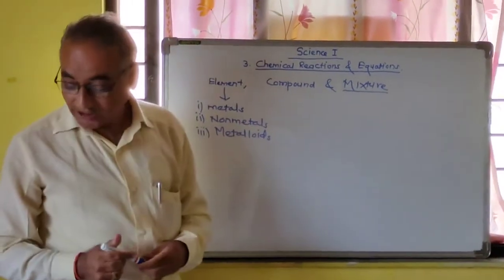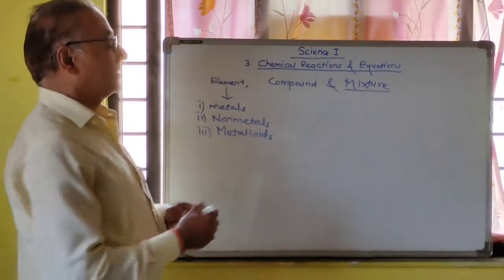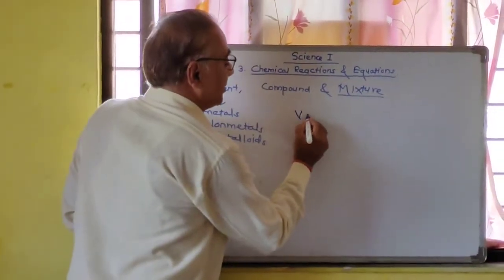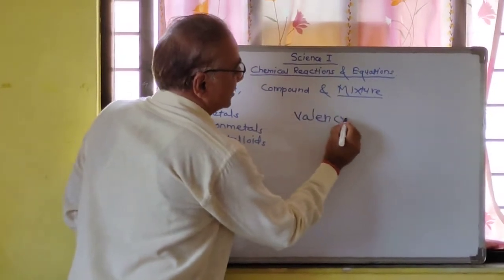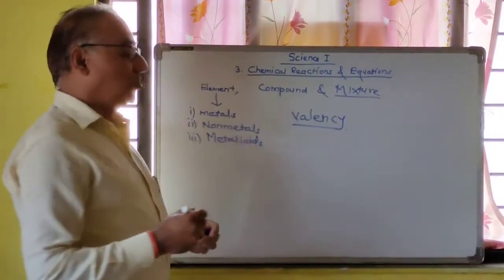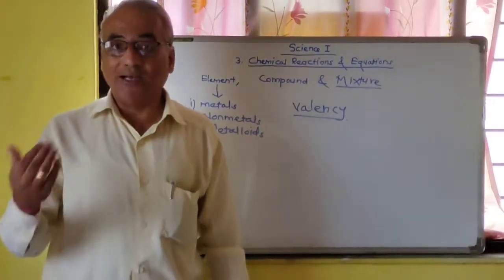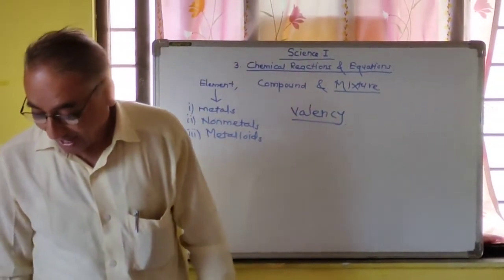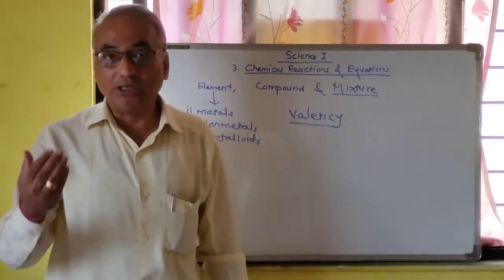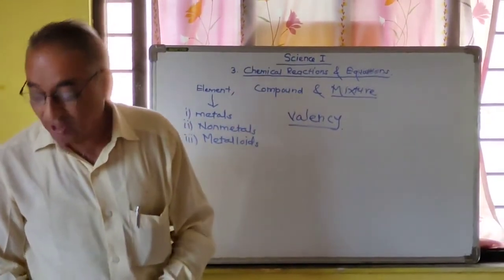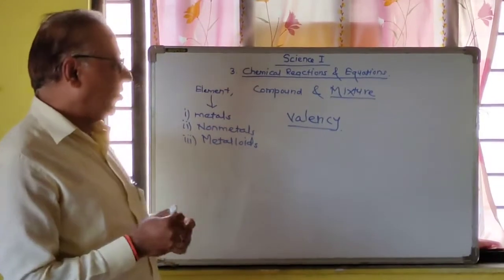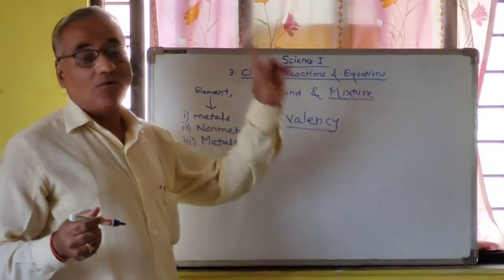The second concept that we learned in standard 8 is the concept of valency. You already know what is meant by valency: the number of electrons that an atom or an element gives away or takes while forming an ionic bond is known as valency.